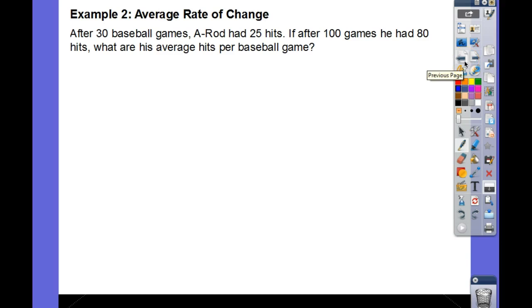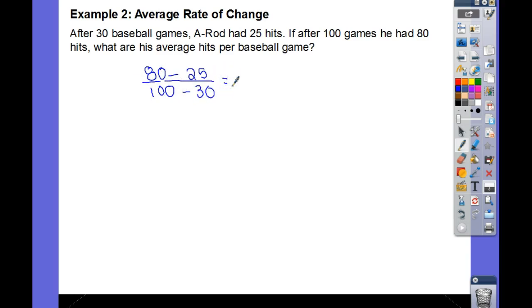Okay? After 30 baseball games, A-Rod had 25 hits. If after 100 games he had 80 hits, what is his average hits per game? So you take 80 hits for 100 games, minus the first 30 games.